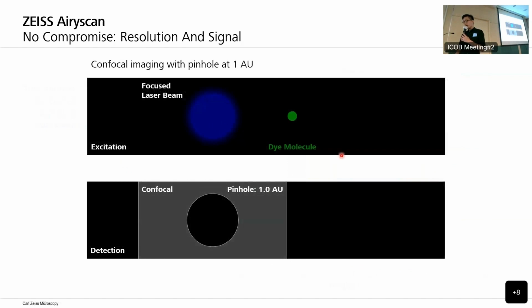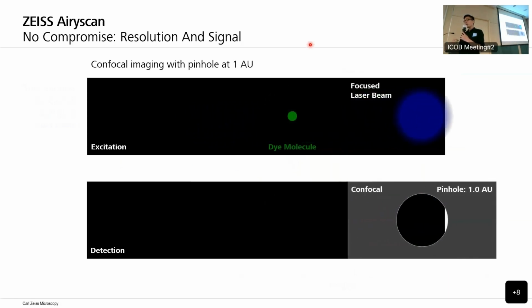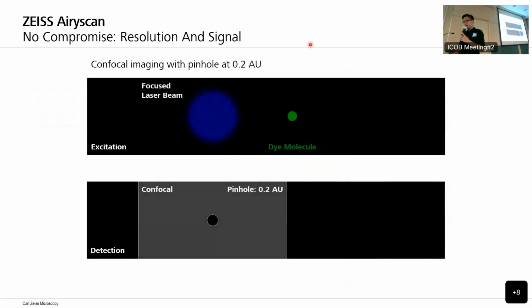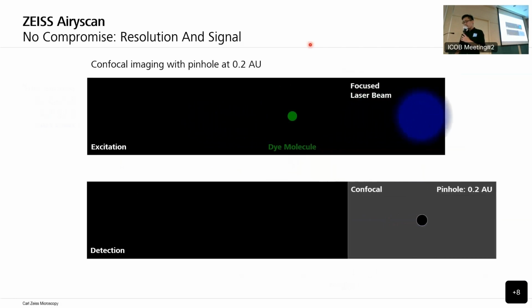And here we see the animations. This is the conventional confocal microscopy. The blue one is our laser beam, and the green one is our sample. Then let's go scan. You see the signals actually blur. Then this is the confocal with a much smaller pinhole, like 0.2 Airy units.